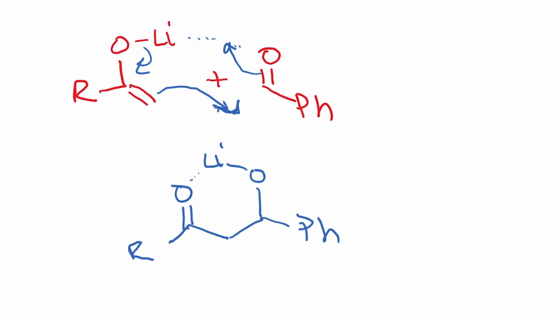Okay, so the way you work up the reaction is by adding a few drops of water very carefully. You may want to keep it under ice or at low temperature so that whatever remaining base, if there's a small amount of base that's remaining, is not going to react very violently with water. So you're going to do a workup with water very slowly, and then you get the aldol product.